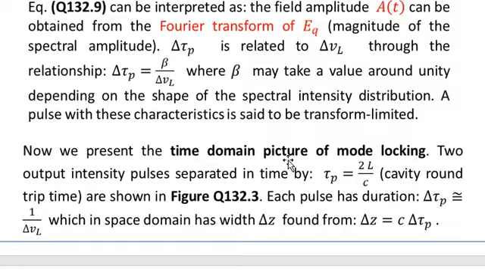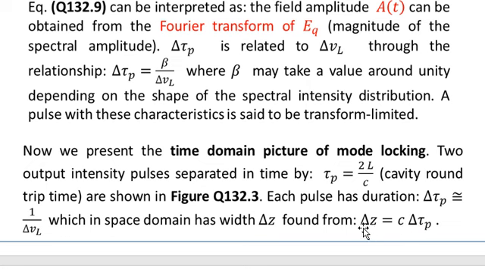Now we present the time domain picture of the mode locking. Two output intensity pulses separated in time by tau p equal to 2L over C are shown in figure number 3. Each pulse has a duration delta tau p equal to 1 over delta nu L, which in the space domain has a width delta z found from delta z equal to C times delta tau p.